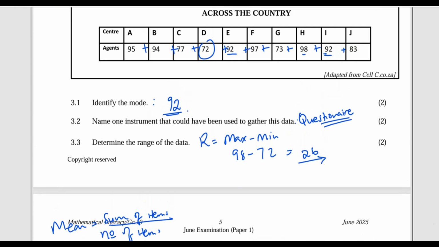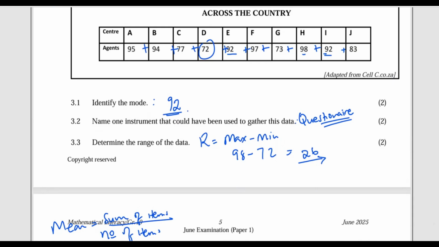All right, so 95 plus 94 plus 77 plus 72 plus 92 plus 97 plus 73 plus 98 plus 92 plus 83.